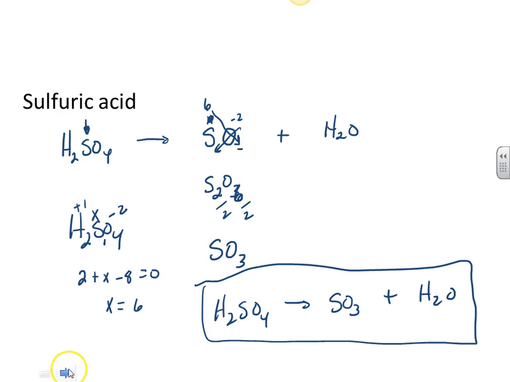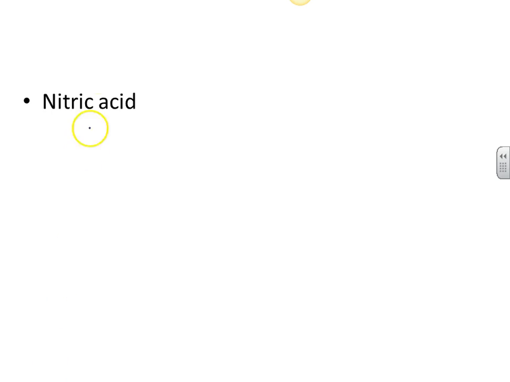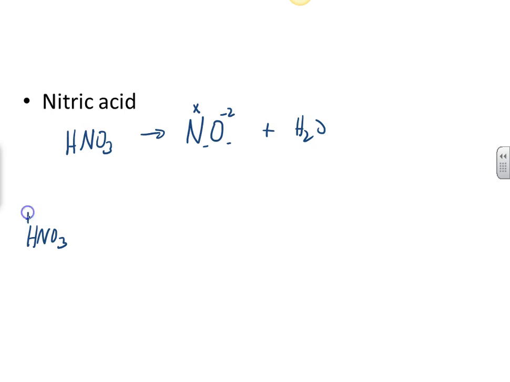Okay, so our next reaction type, actually we can do another of those because they are a little more difficult. So nitric acid, HNO3, is going to break apart into an NO, which we don't know subscripts on, plus water. And with the N, that's going to be our X, -2 on the oxygen, and +1 on the hydrogen.